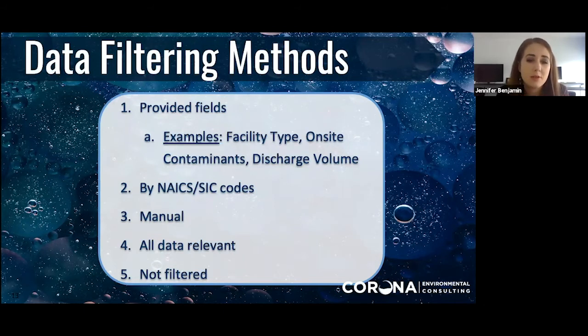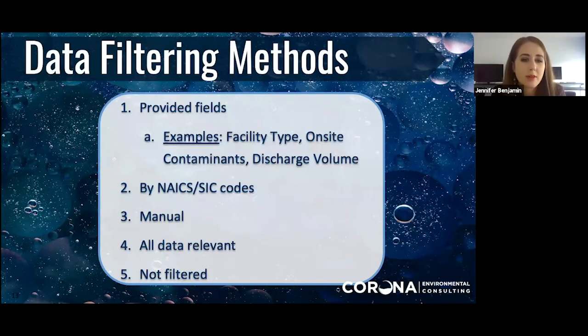Some examples of the kinds of fields that we'll use to filter the data include facility type fields and fields indicating what types of chemicals are being stored or used on site. For wastewater facilities in particular, we'll also look for fields that indicate discharge volumes, because that'll give us an idea of facility size and the amount of material that's moving through the facility on a regular basis.